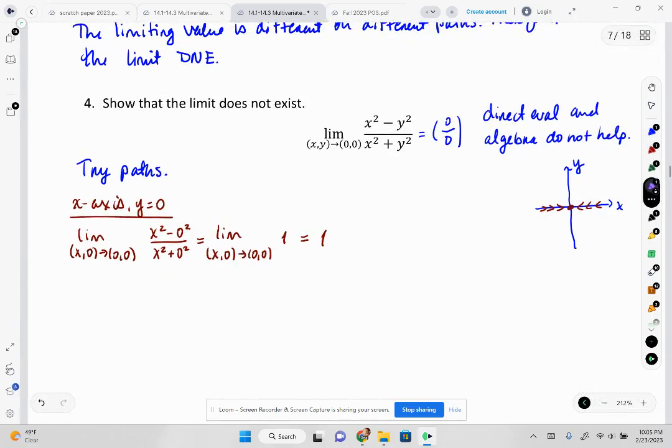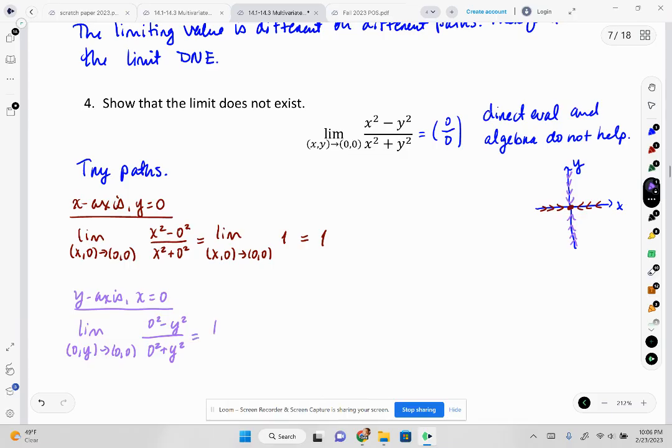All right, now I'm going to try along the y-axis and see what happens. So on the y-axis, x is equal to 0. I look at replacing all x's with 0. So I have the limit as (0, y) approaches (0, 0). And I replace all my x's in my function as well. I get 0 squared minus y squared over 0 squared plus y squared.